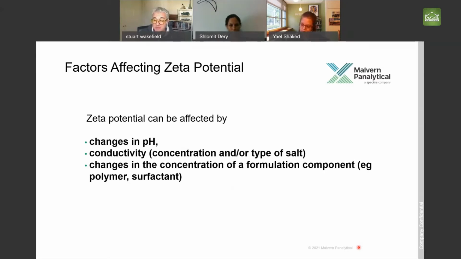Now remember, Zeta potential can be affected by many things. Changes in pH, which is something that happens constantly in a water treatment process. Conductivity, the concentration and types of salt. Any changes in concentration of a formulating specific component, polymer, surfactant. So you can clearly see that the pH is changing naturally for raw water during storms or different seasons.